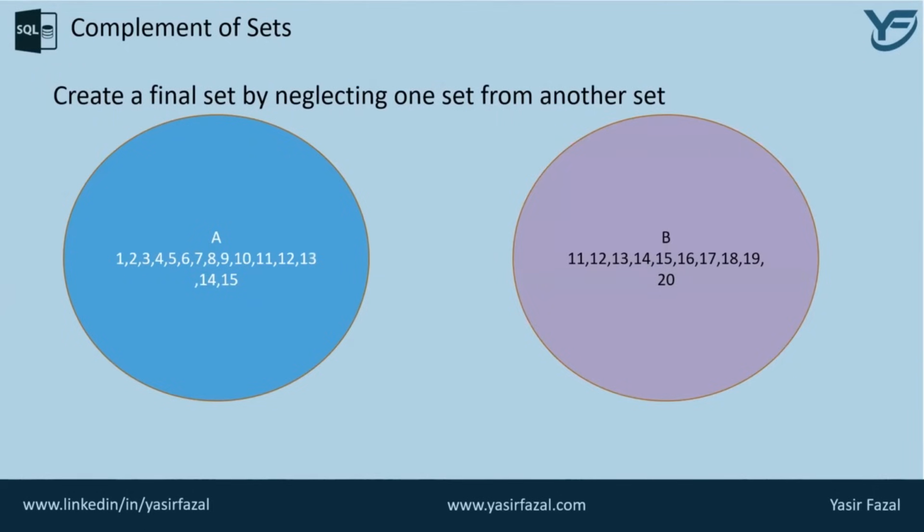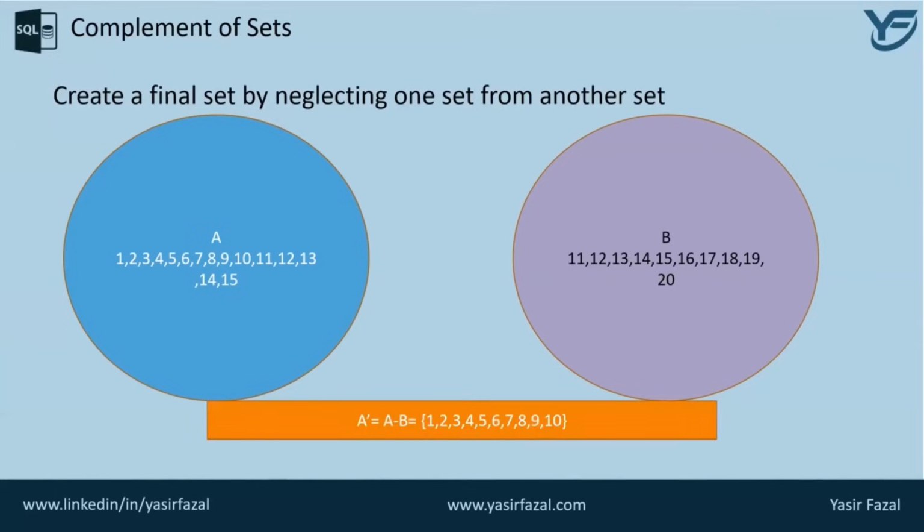If I say I need the complement of set A, it means I need to write down the values which are present only in set A, and all the values which are present in set B should be neglected. So if I say A complement, that would be equal to A minus B, which gives me the values from 1 to 10.